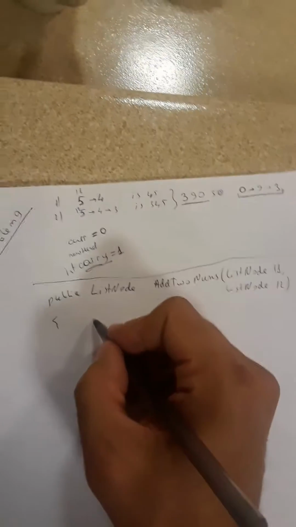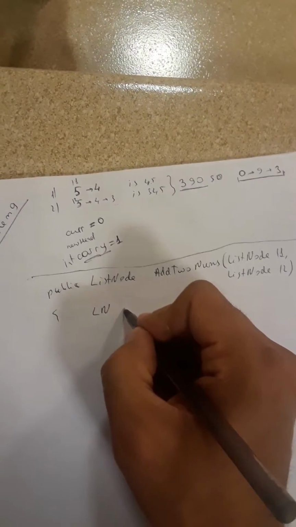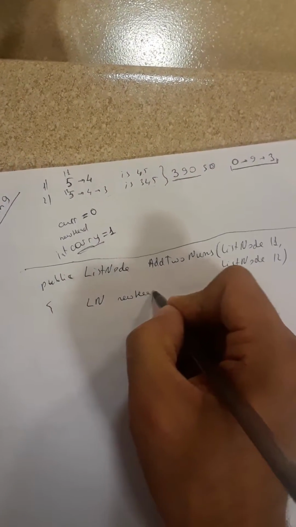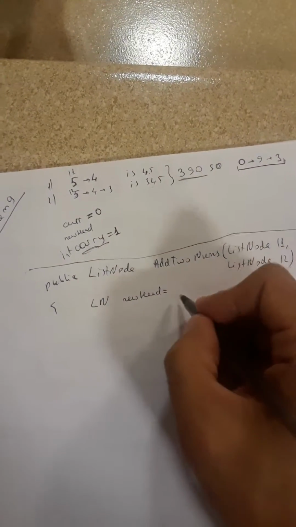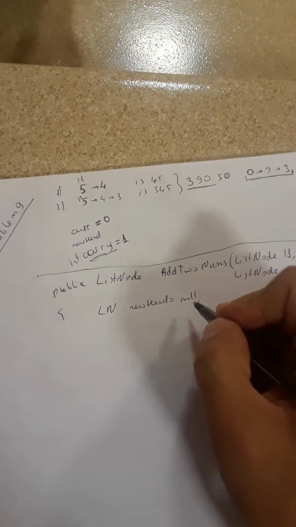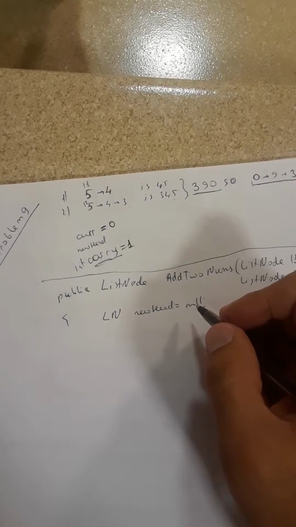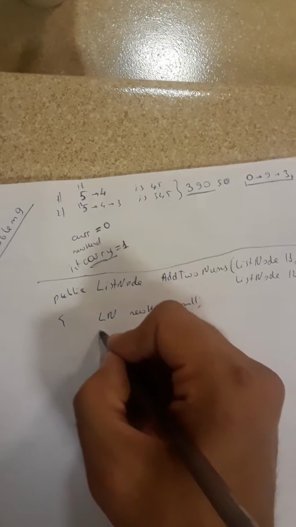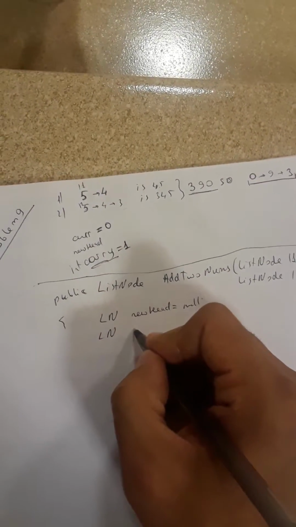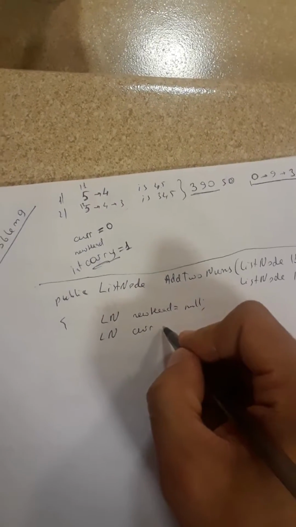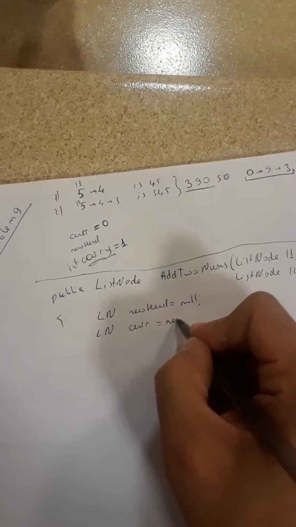So first, a list node for new head, which will be equal to null. Another list node will be for current, which will be equal to our new head.